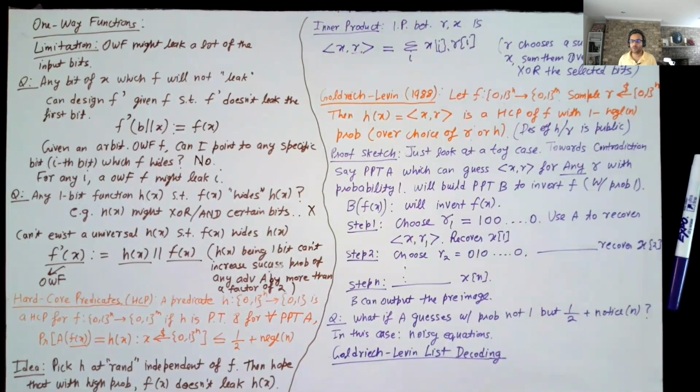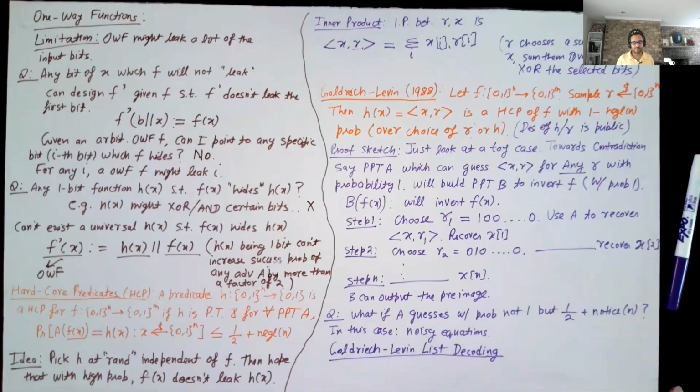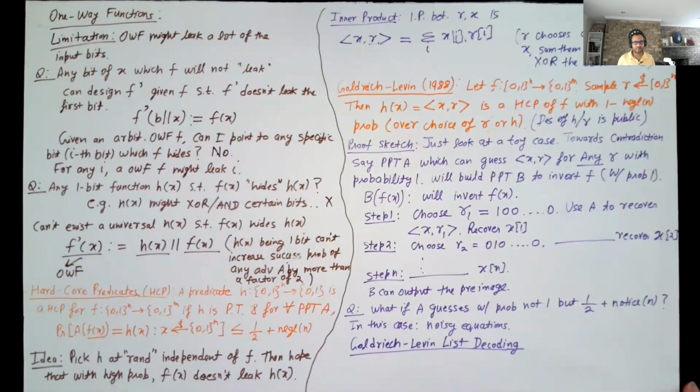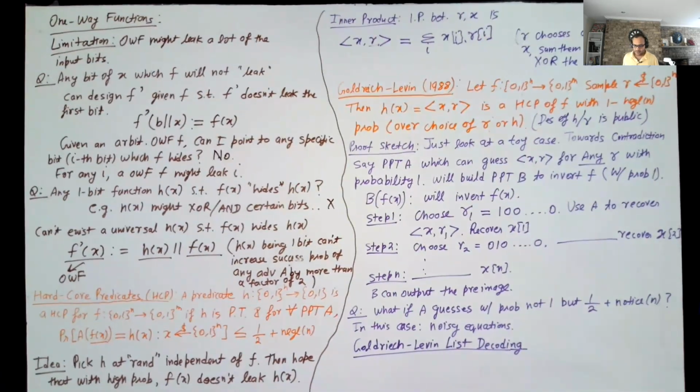And now we can hope to do great things with this because I have at least a single bit which is essentially uniform to the adversary. So now we will move on to pseudo-randomness and how one might be able to design pseudo-random functions.